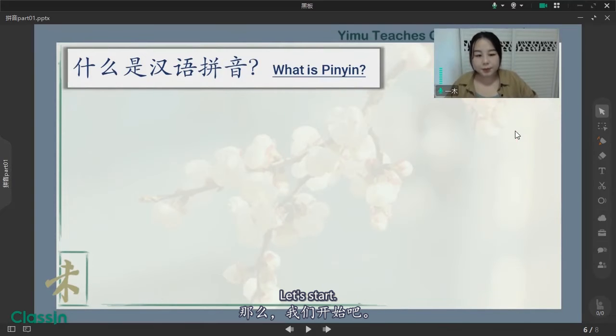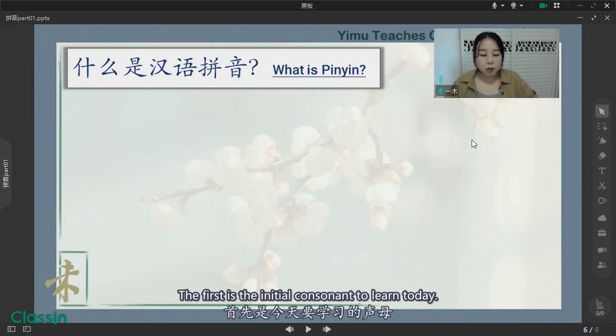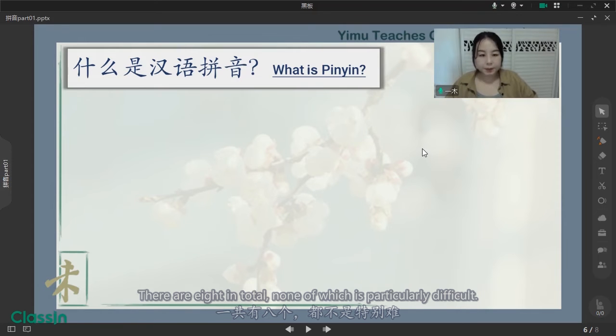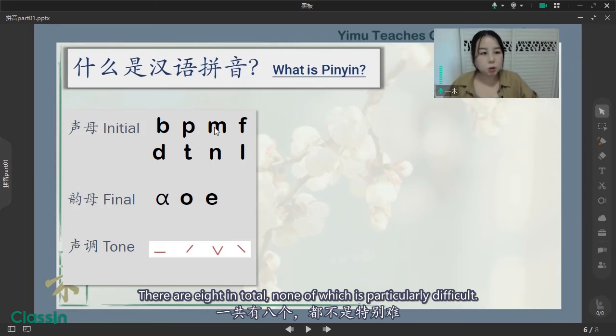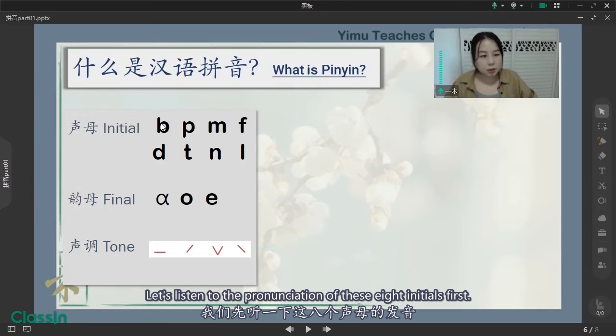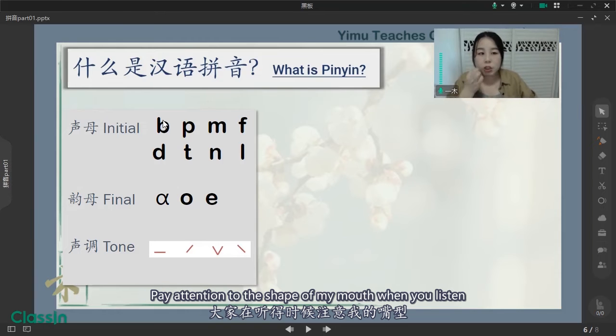Let's start. The first is the initial consonants to learn today. There are 8 in total, none of which is particularly difficult. Let's listen to the pronunciation of these 8 initials first. Pay attention to the shape of my mouth when you listen.